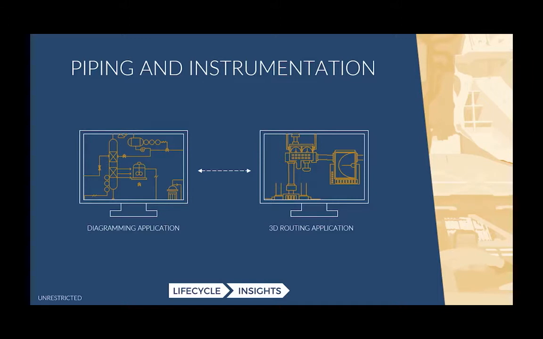And the great thing is, a key capability to look for here is the ability to update back and forth. If you make a change to the diagram, it's reflected in the 3D model, and vice versa. If you make a change in the 3D model, it's reflected in the diagram. So these are capabilities that should not be underestimated in terms of their importance.